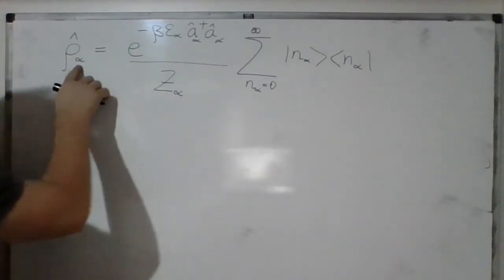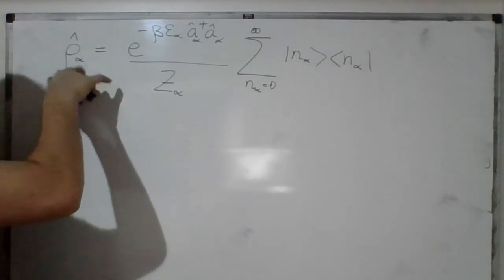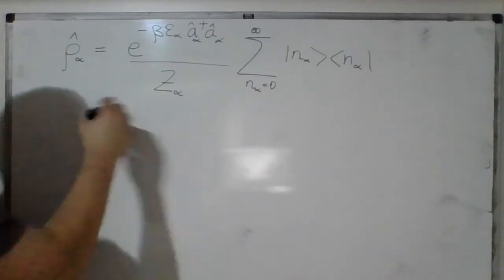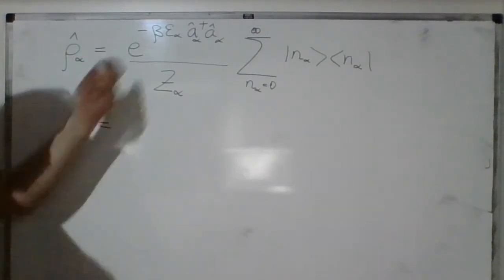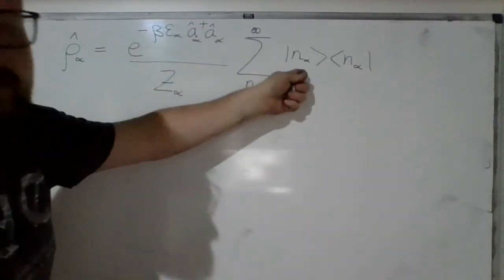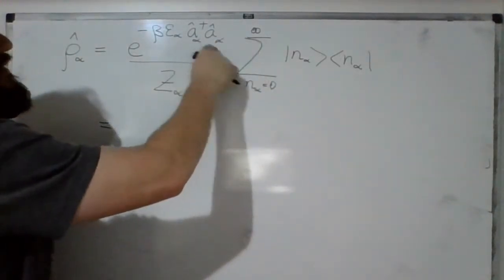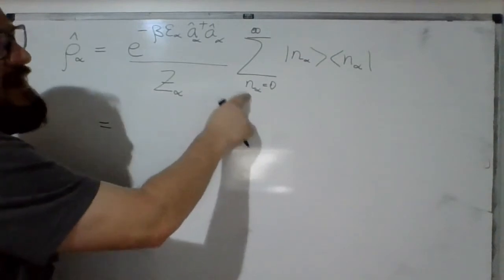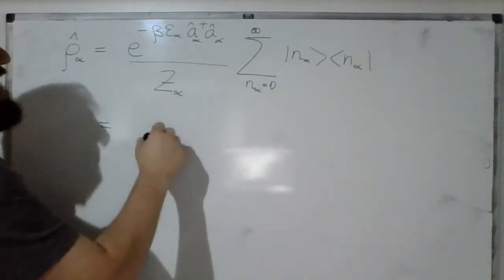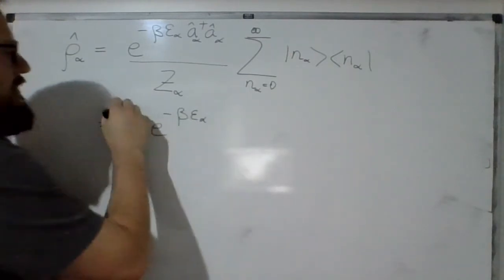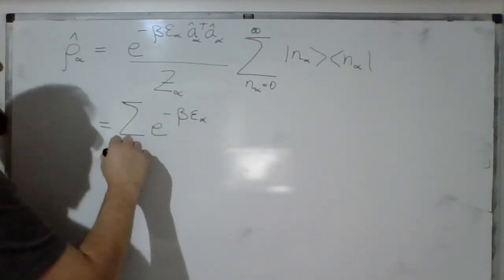It could be atomic orbitals, plane waves, or whatever it is. And now, when you apply an operator to its own basis, it just reproduces the eigenvalue. Therefore, you have e to the minus beta e alpha, a summation over n.